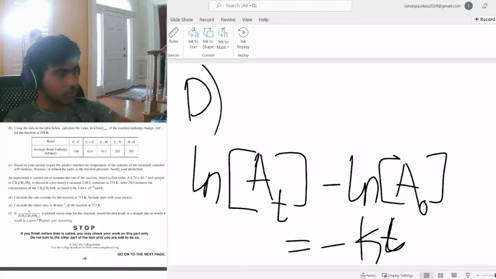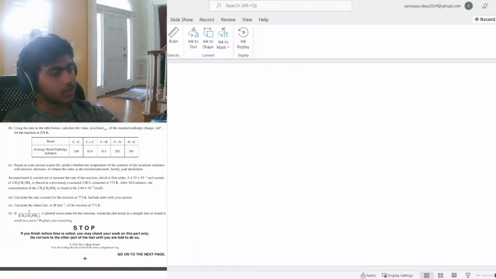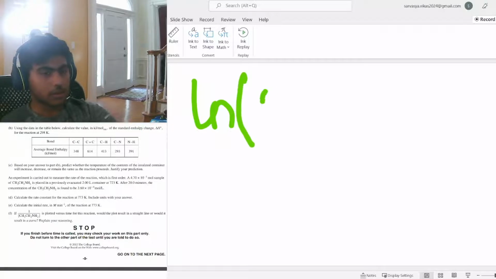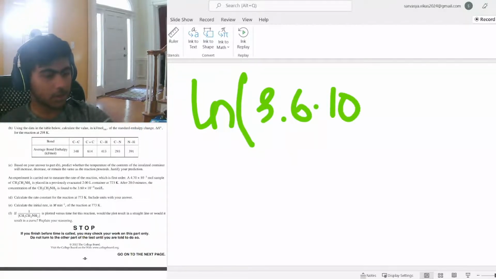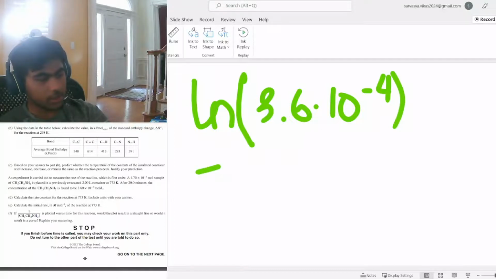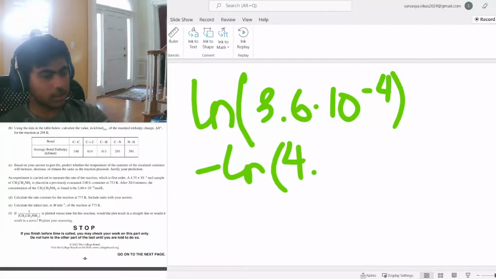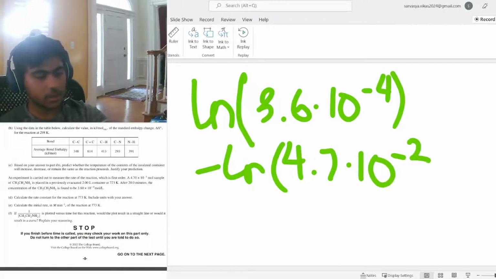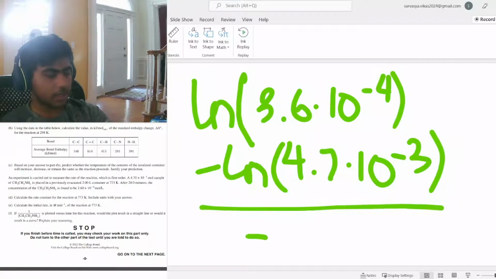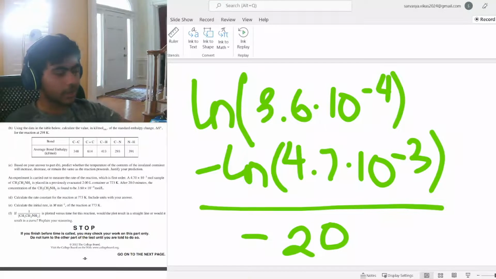Alright, so we're just going to take that and plug it into the equation. So we have the natural log of final, which is 3.6 times 10 to the negative 4, minus the natural log of 4.7 times 10 to the negative 3, divided by negative KT, so we're going to divide by the time, the negative 20 minutes, and that's going to give us k, our rate constant, since that's what we're trying to find.